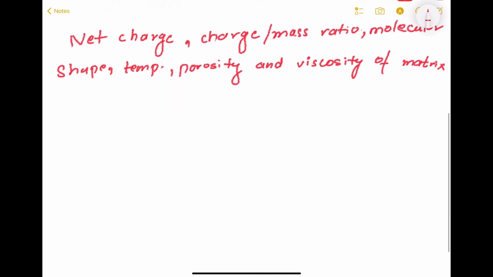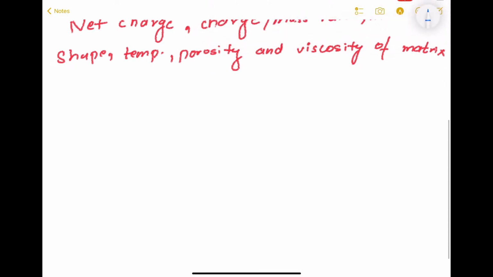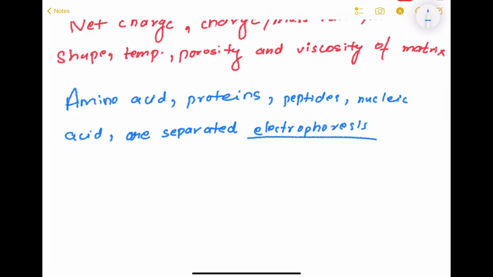Many important biomolecules, such as amino acids, proteins, peptides, and nucleic acids, are separated by electrophoresis. And why are they separated by this method?